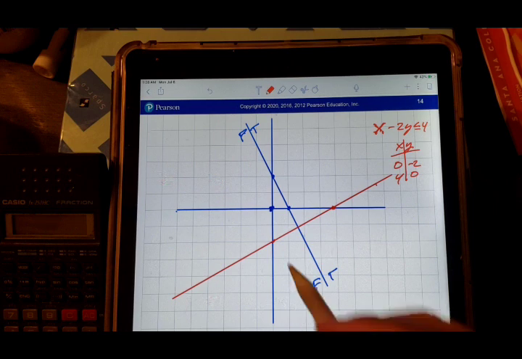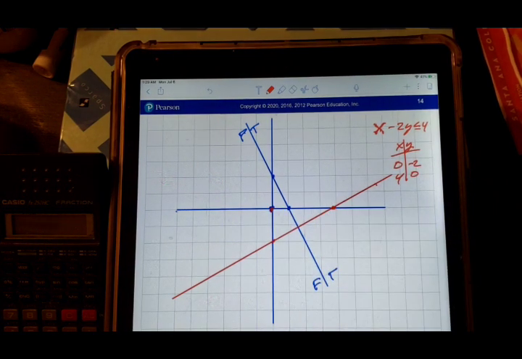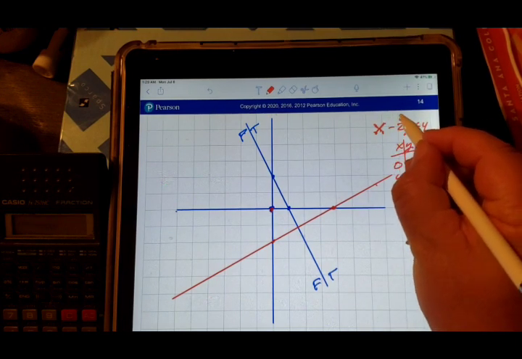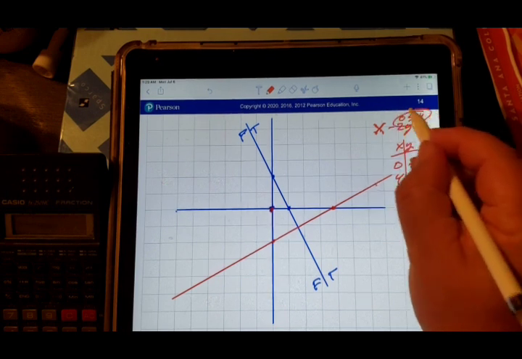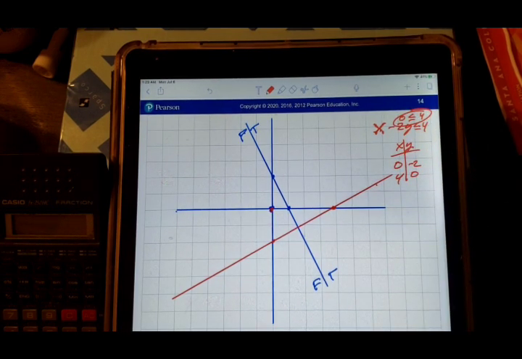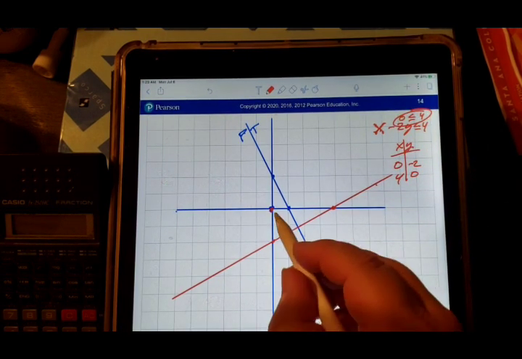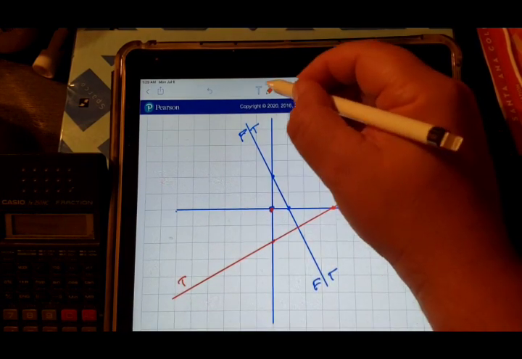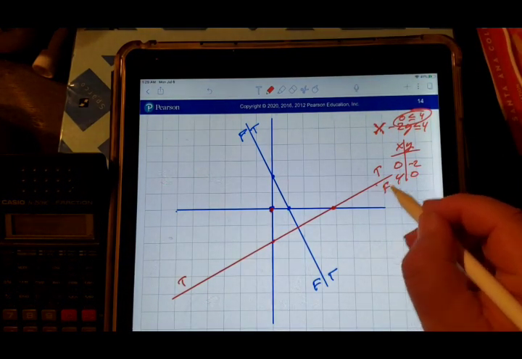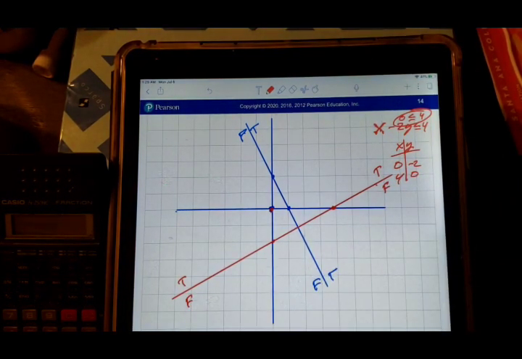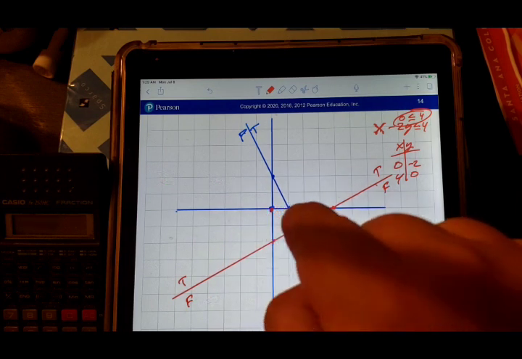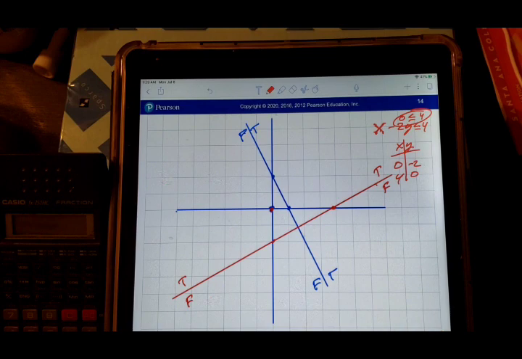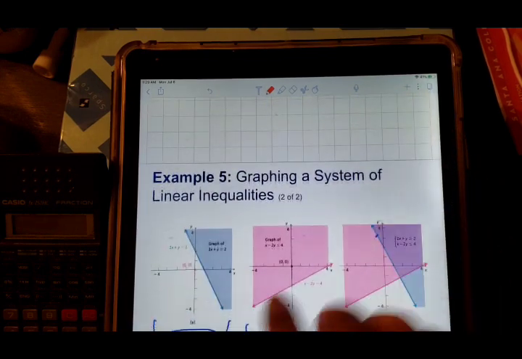So I need a test point, and I'll test that same point again, 0, 0. So this time I get 0 minus 0, or 0 is less than or equal to 4, which is true. 0 is less than 4. So the test point is on the true side, and that means the other side is the false side.